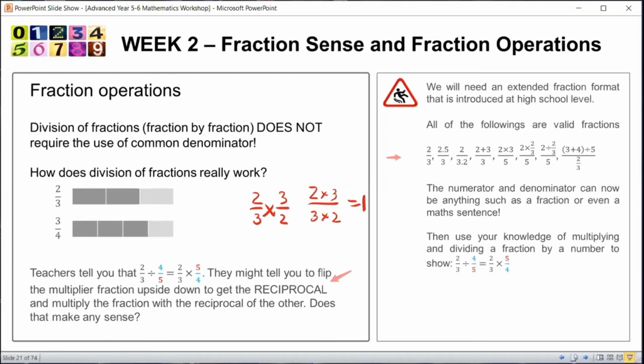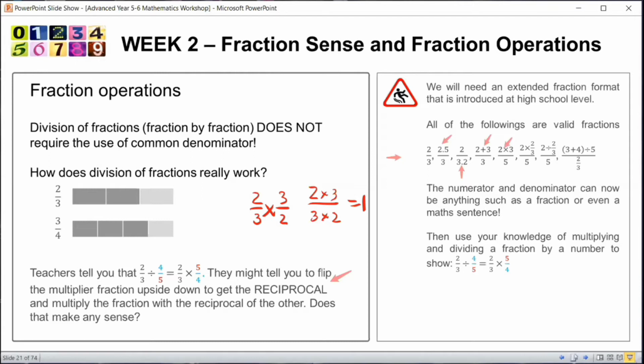Now, the fraction doesn't have to be a whole number. Oh, well, actually, wrong way again. Yeah. So we have a decimal number as the numerator. Now we have a decimal number there as well. And here we have a sum. And here we have a product.